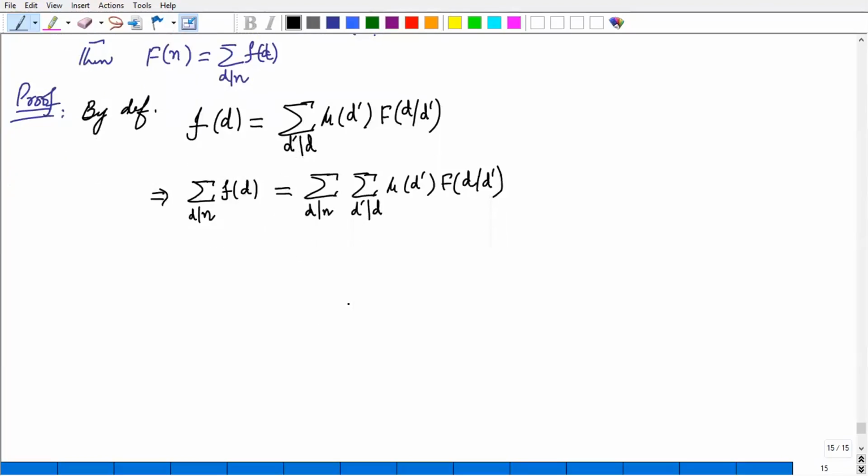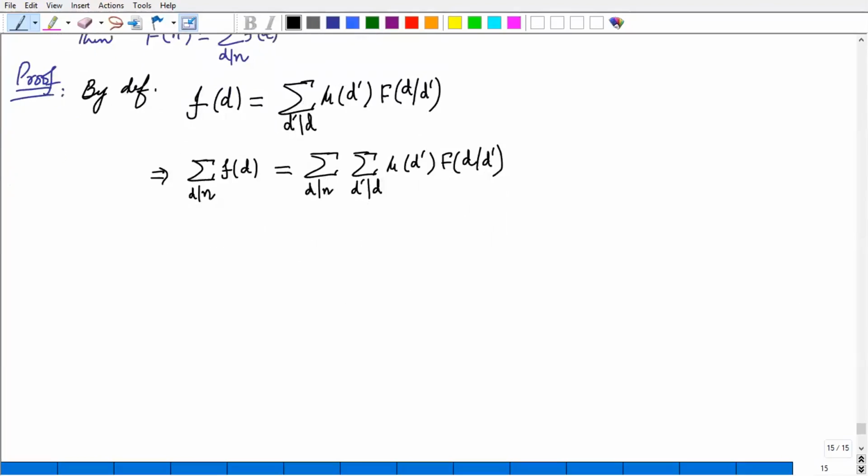Okay. Now we can separate. Because this is related to d prime, we can use a bracket here.